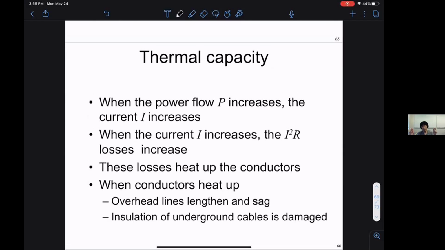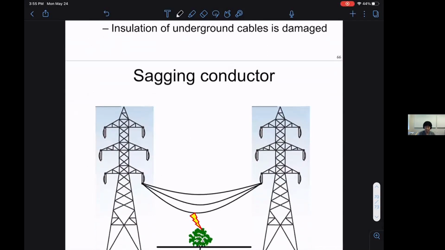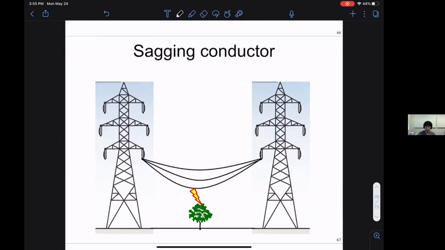When you heat up a conductor, because of thermal expansion, the conductor actually gets significantly longer. A warmer conductor is a longer conductor. When you suspend this conductor, the length has to go somewhere, and the conductor sags. If it gets too close to a tree, you may create a short circuit because current tries to jump through the tree.